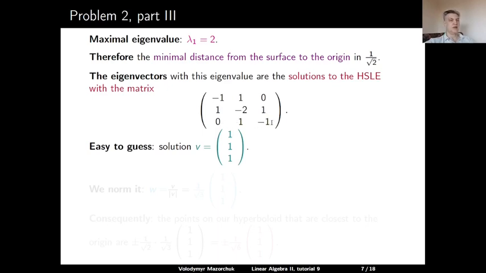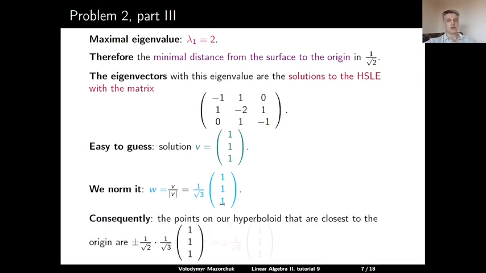We norm this vector, so we divide it by its length, which is the square root of 3, and get the vector 1 divided by the square root of 3, 1, 1, 1. So this is the unique up to plus minus, normed eigenvector with eigenvalue 2.